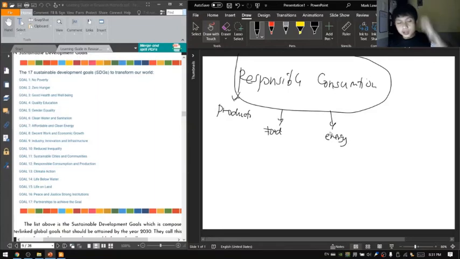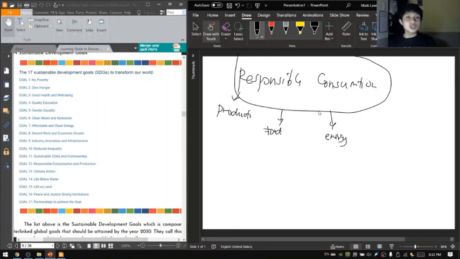Okay, so these are the three major. So when we say products, this could be natural resources, this could be wood, this could be metals, this could be paper. Yeah, food. Yeah, obviously baboy, manok. Energy. When we talk about energy, yeah, yung crude oil, yung gasolina, yun.